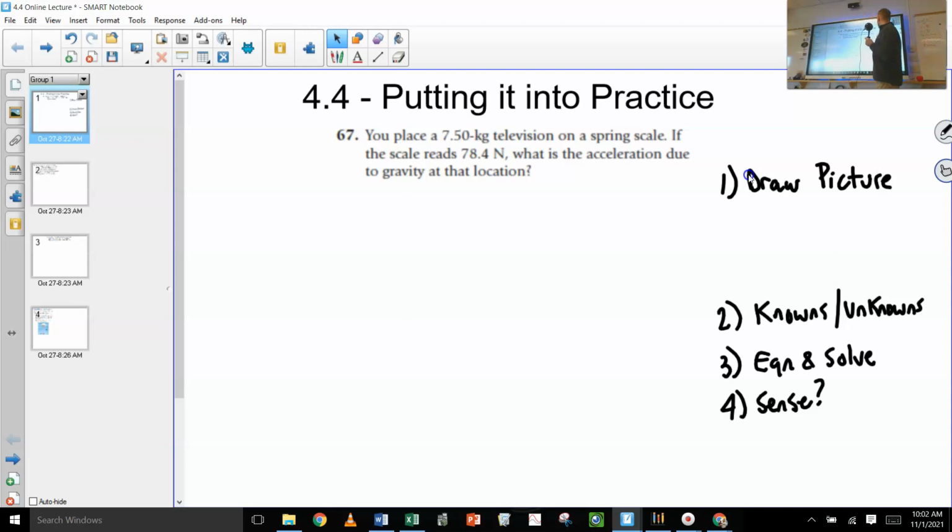Underneath this drawing of a picture, it's really important that your picture has forces.